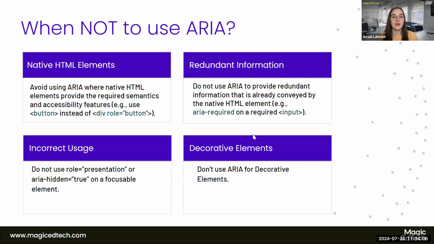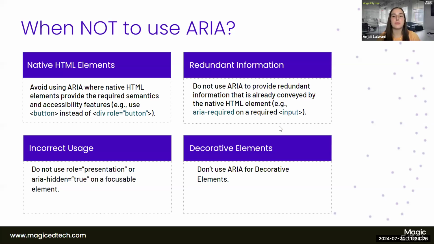And when not to use ARIA. So native HTML elements, apologies. Avoid using ARIA when native HTML elements provide the required semantics and accessibility features. So use button instead of div role equals button. Redundant information.